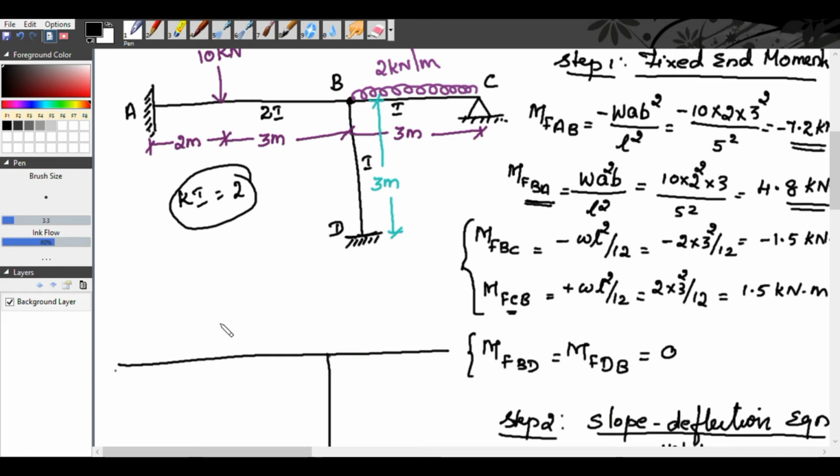Our diagram will be triangular, right? We will have the maximum moment at the place where the concentrated load acts. I will change the color.